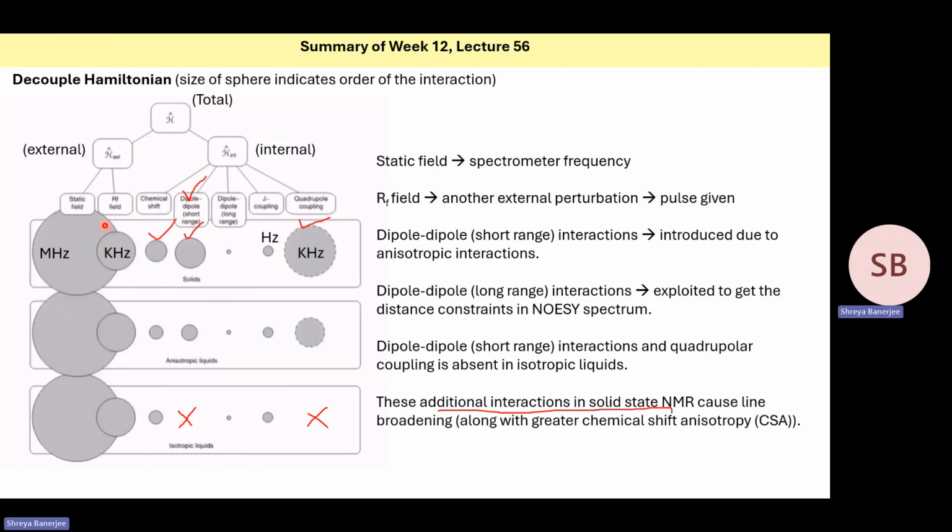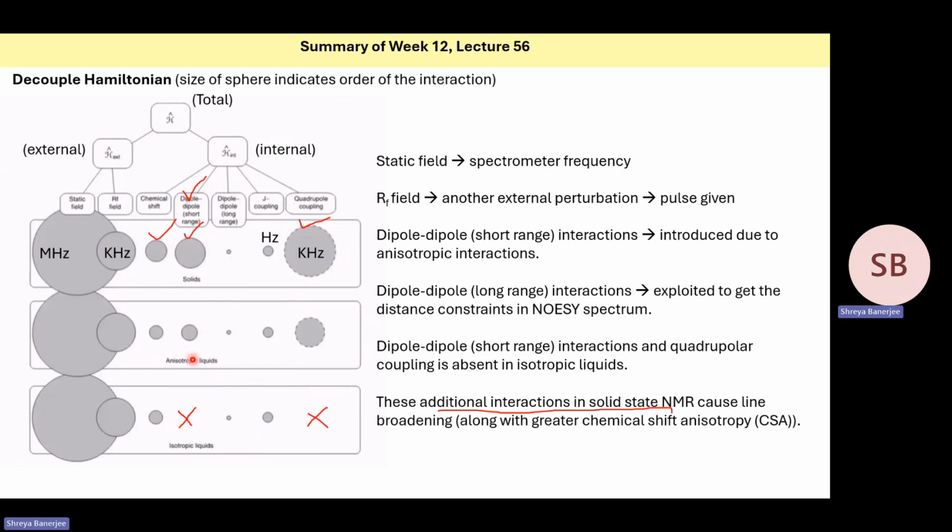And this is basically causing the line broadening. In liquid state NMR, what happens? Isotropic liquid, I would rather say. In isotropic liquid, these additional interactions are cancelled out or they become smaller, and so you have much sharper lines. But in solid state NMR, you have these additional interactions, and that is what causes the line broadening.